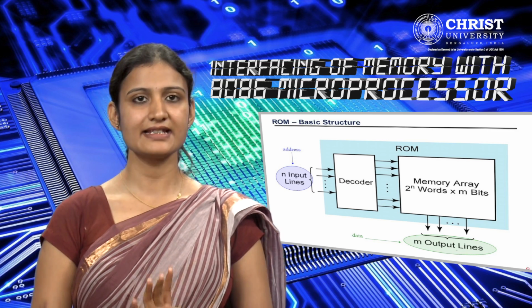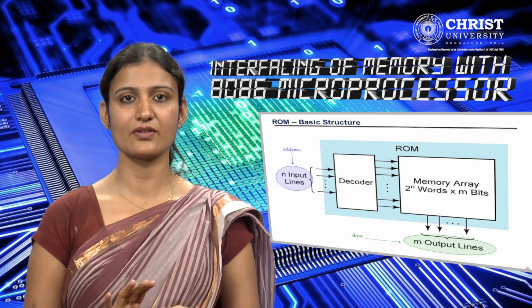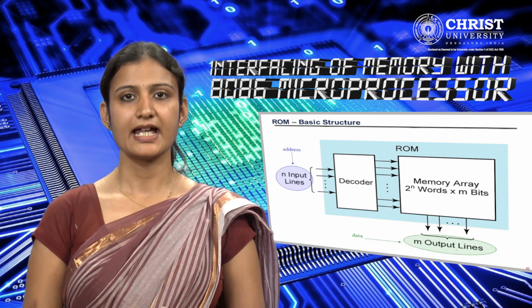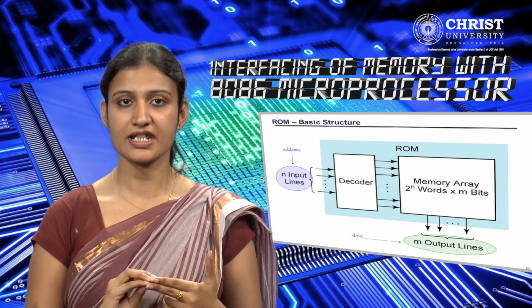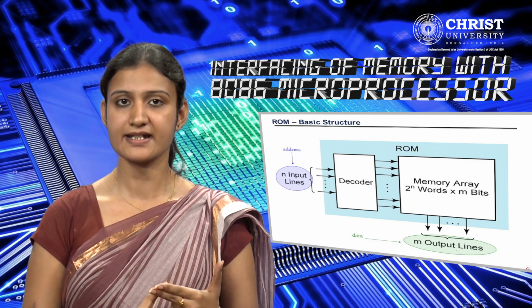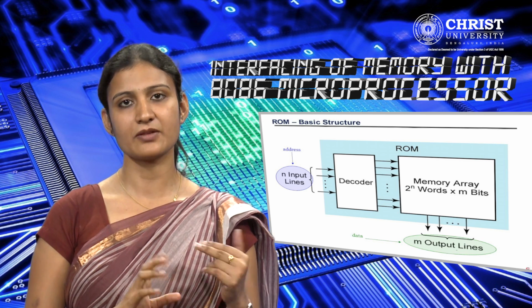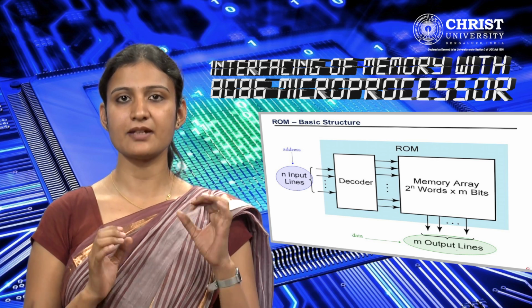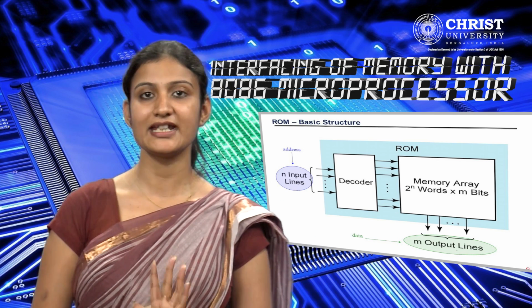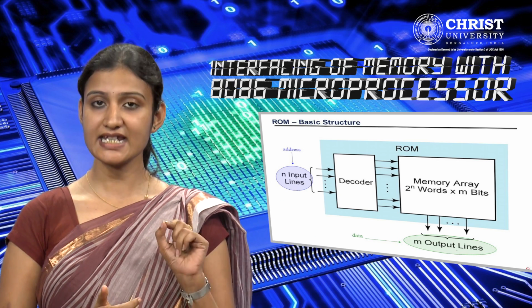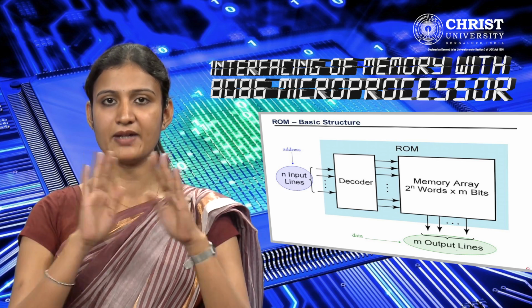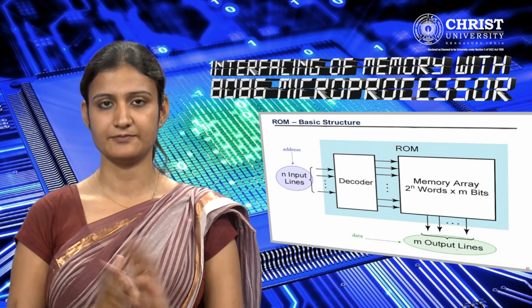Before starting the interfacing, we will discuss some fundamental concepts of memory interfacing. The number of locations and the number of bits per word will vary from memory to memory. For example, if a particular memory chip is capable of storing m words with each word having n bits, then the size of memory will be m cross n.